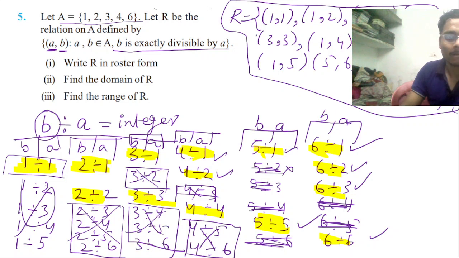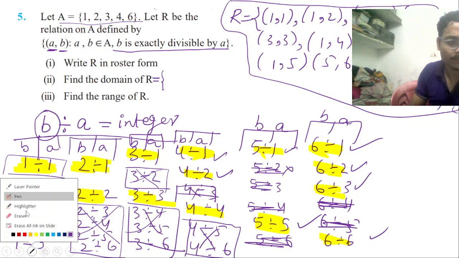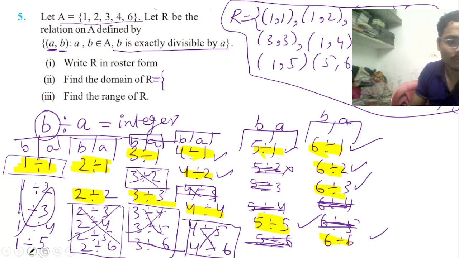Okay, so the domain, I've already told, domain is the set of first elements. I'm just highlighting the domain and changing the color of this highlighter. Okay, so 1, 2, 3, 4, 5, and 6.